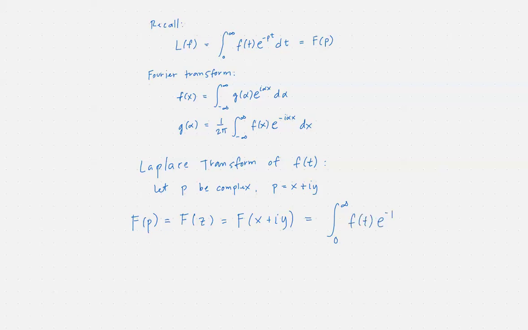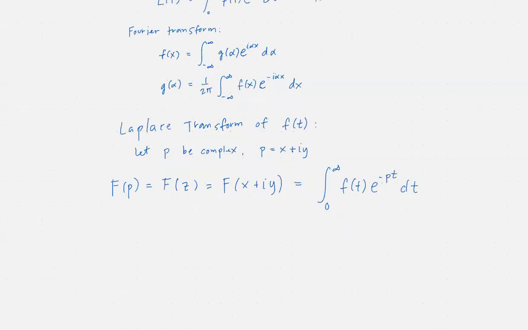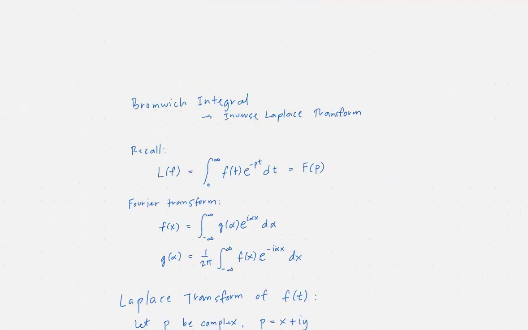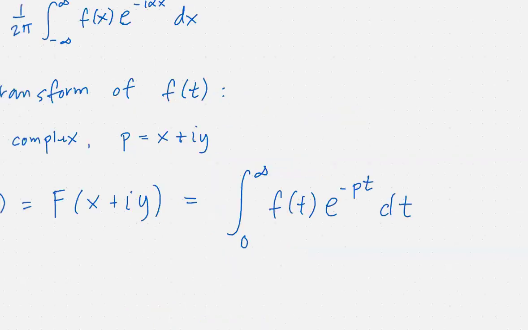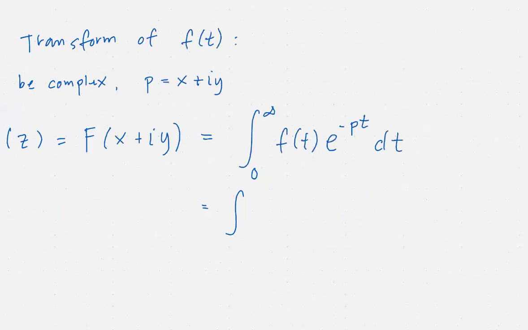Okay? Now, since we let p to be equal to x plus iy, we can change p here as x plus iy. That would mean our integral will now become the integral from 0 to infinity of f of t e raised to negative times x plus iy t dt. Okay?